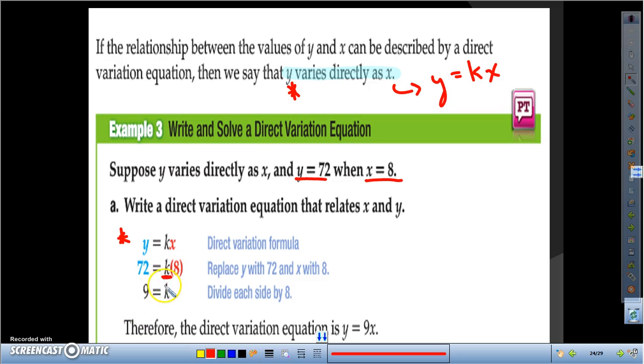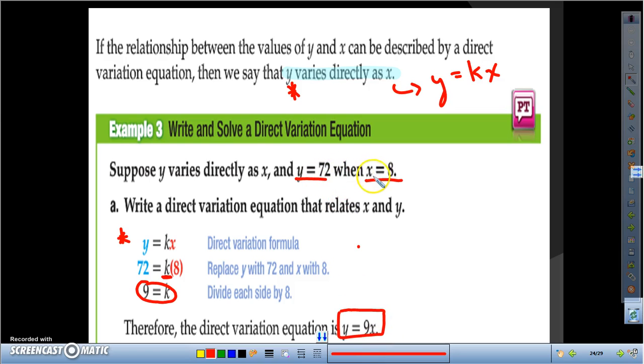Then it's just a matter of dividing by 8 on both sides to solve for k. And once I have my k value, then I can write this direct variation equation that they're asking me to write. That's what the A part wants me to do, write a direct variation equation. So I take my k value and go back and plug it in to the original.